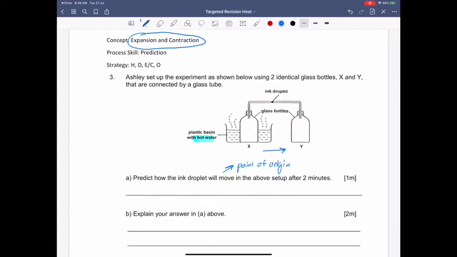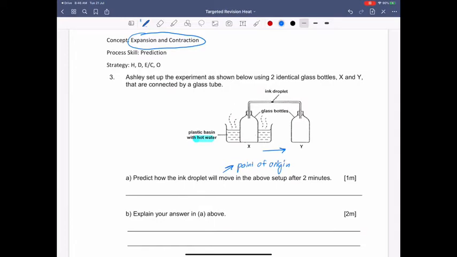What do I mean by that? For example, a point of reference. Instead of saying it will move that side or move this side, it is very vague. Or move towards, it will move more, without saying any point of reference, you're not going to get the marks.